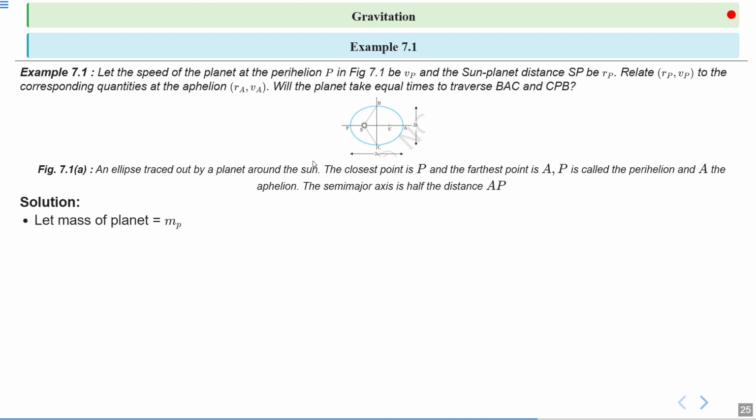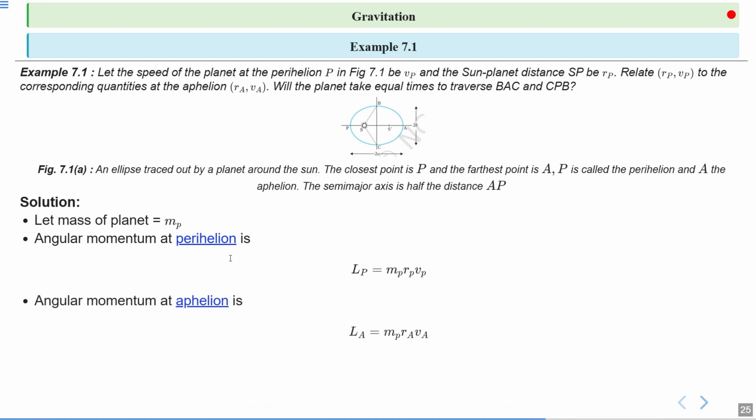So first, let the mass of the planet be mp. Denote angular momentum at perihelion LP is equal to mp RP VP, and angular momentum at aphelion LA is equal to mp RA VA.